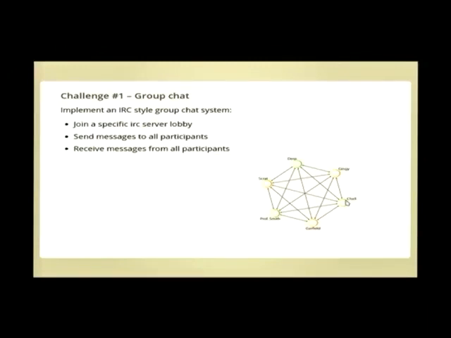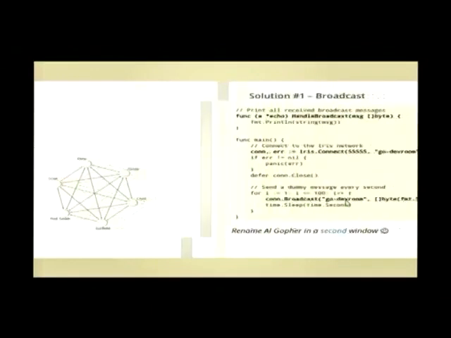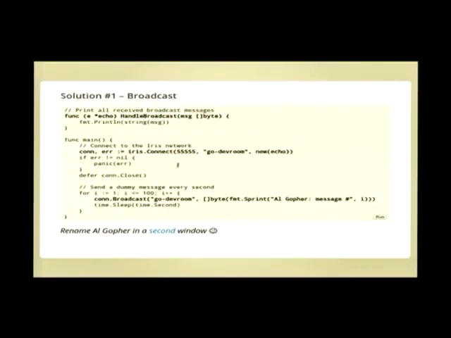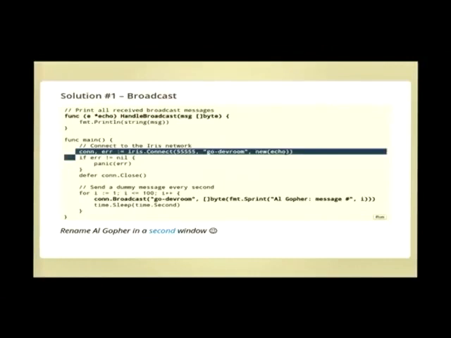Really, really simple. So how you could do this with Iris, simple, is that I will showcase Go code. A single line will connect you to the Iris network. Just forget about this number, I'll tell you about that later. We just connect to the Go dev room lobby and create an echo service that will handle our messages.